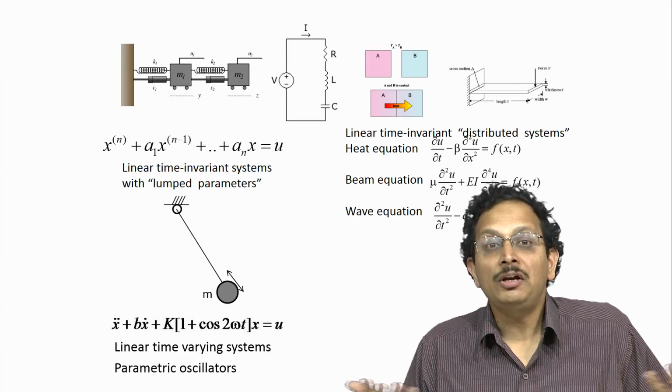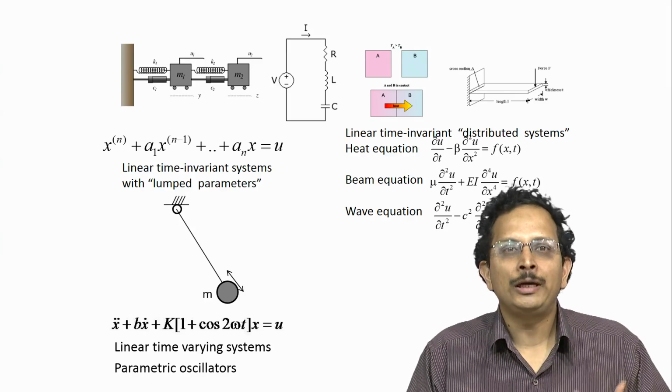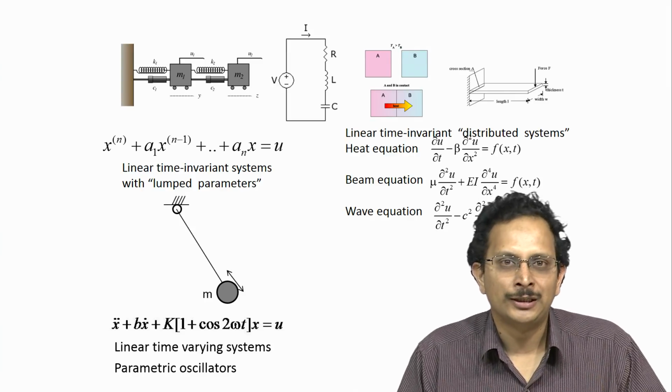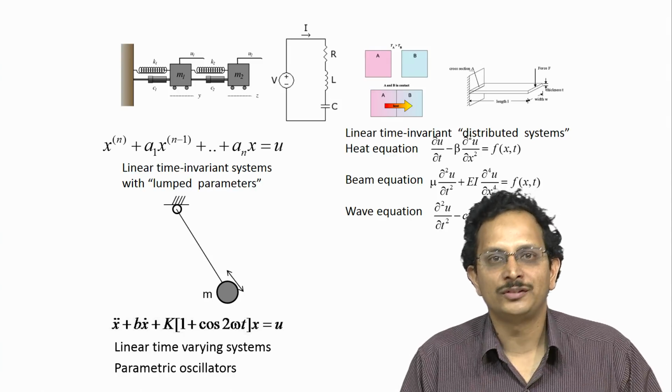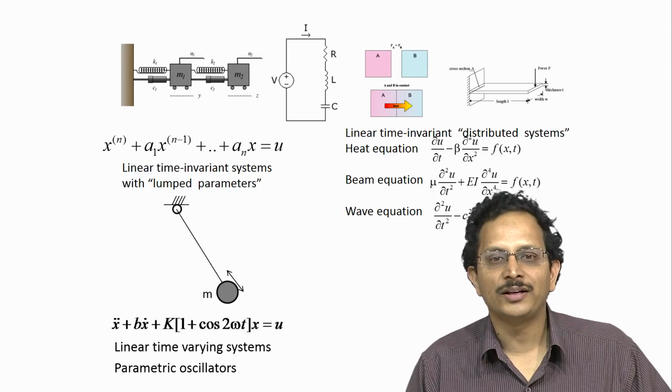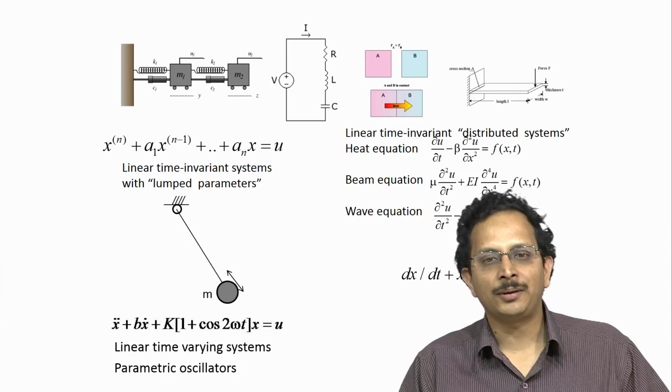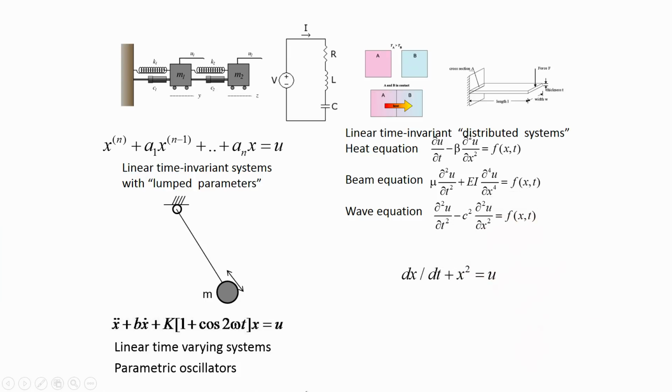Now, how does a nonlinear system look like? It is worthwhile to build our intuition to be able to identify nonlinearities in the dynamics of a physical system. So, here are a couple of examples that represent systems that are nonlinear. In the first example, we have dx by dt plus x square is equal to u, and just by inspection you see that you have the term x square here, and therefore you would suspect that the system is nonlinear, and indeed it turns out to be so.